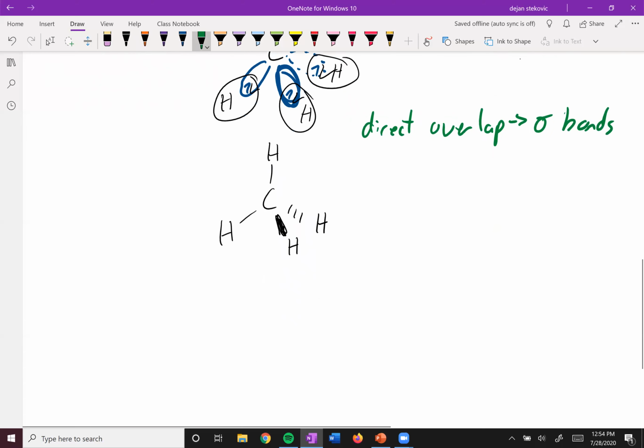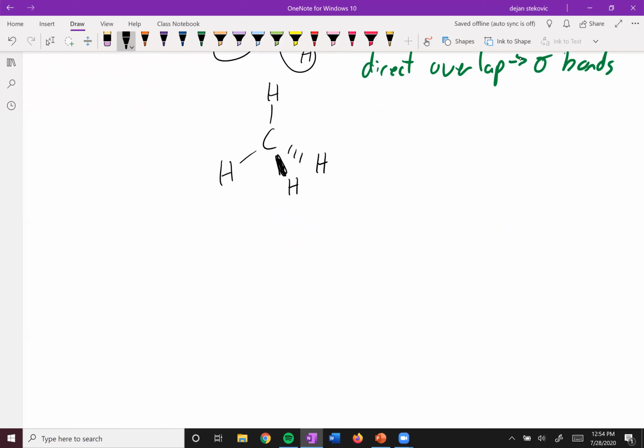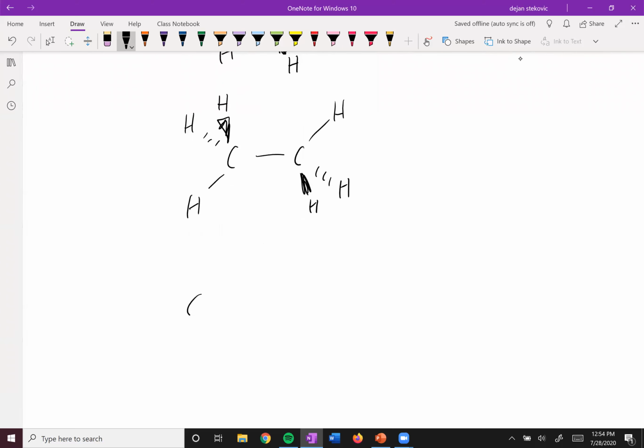We can think about other compounds as well. Ethane: two carbons with a bunch of hydrogens attached. Both of these carbons are sp3 hybridized. So we can draw a carbon-carbon bond. Here's one sp3 orbital, the other sp3 orbital from the other carbon, and one electron in each.